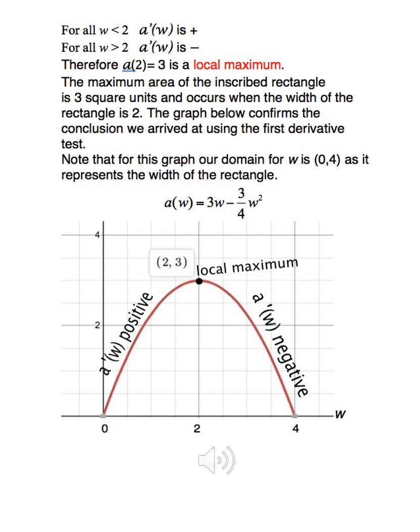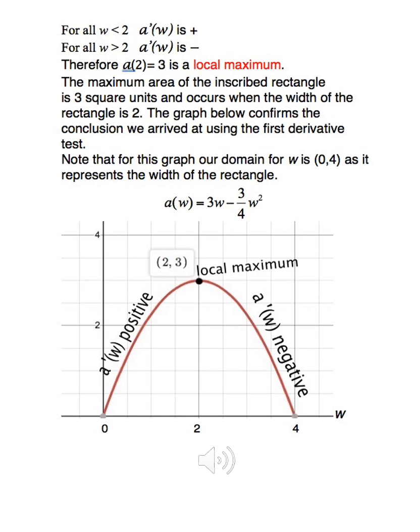And to see what that maximum value is, we plug 2 into the original area function that we have, and we see we get an output of 3. So that will be the maximum area for the inscribed rectangle, 3 square units. And it's going to occur when the length of w is 2.